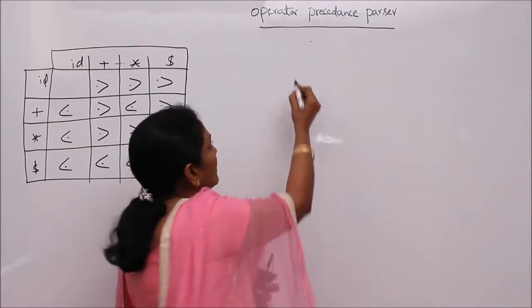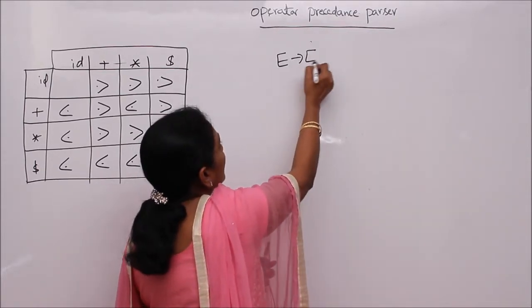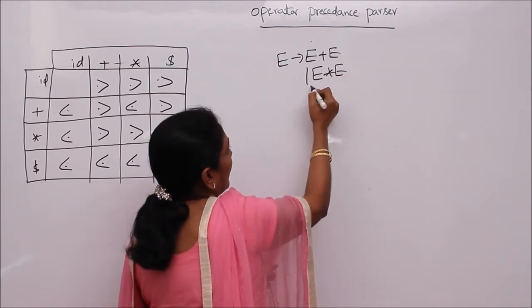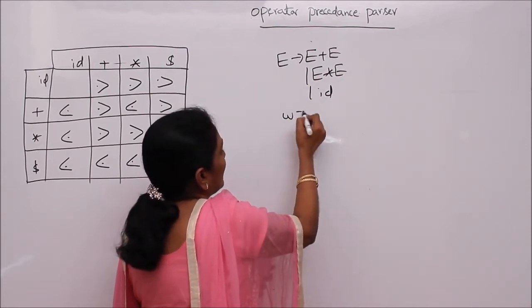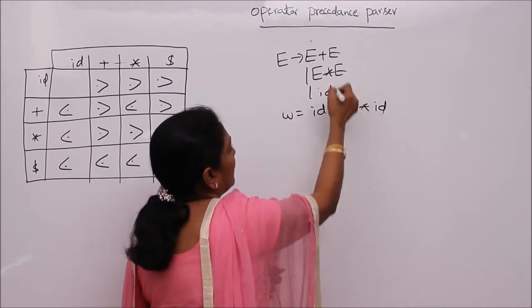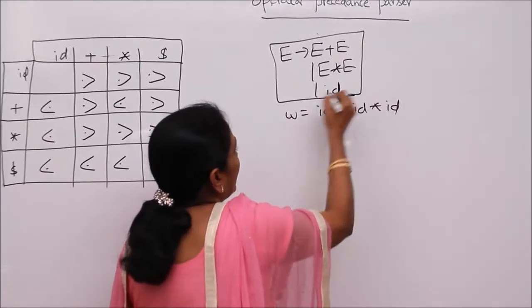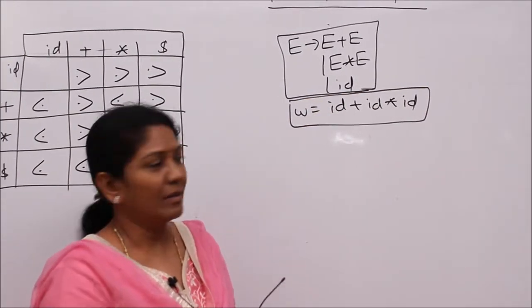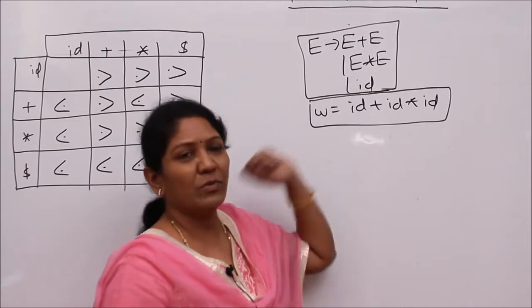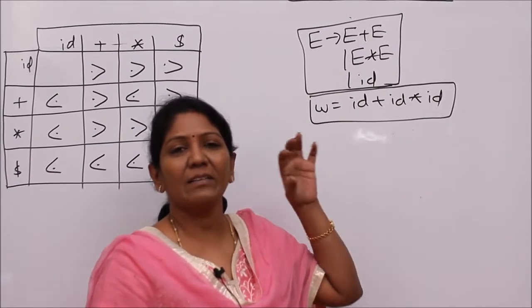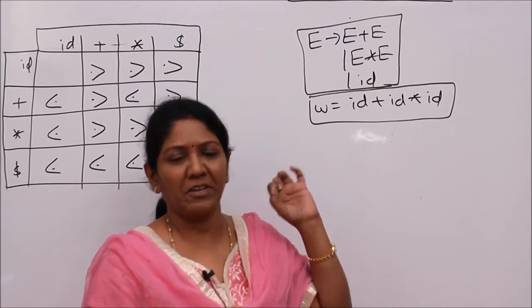Given a grammar, something like E goes to E plus E, E star E or id, and the input string is something like id plus id star id. Given this grammar and an input string like this, how does an operator precedence parser parse it? It takes the grammar and constructs a precedence relation table.